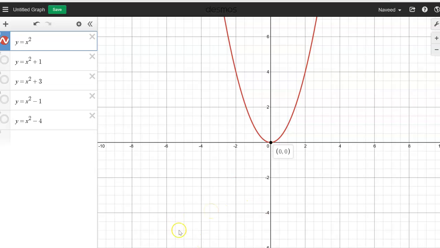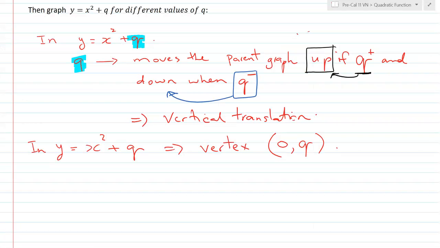So let's go back. In y equals x squared plus q, the vertex is 0, q, and 0 is the x coordinate of the vertex, and q is the y coordinate of the vertex. And when it goes up, the graph goes up because 0 doesn't change, it stays.